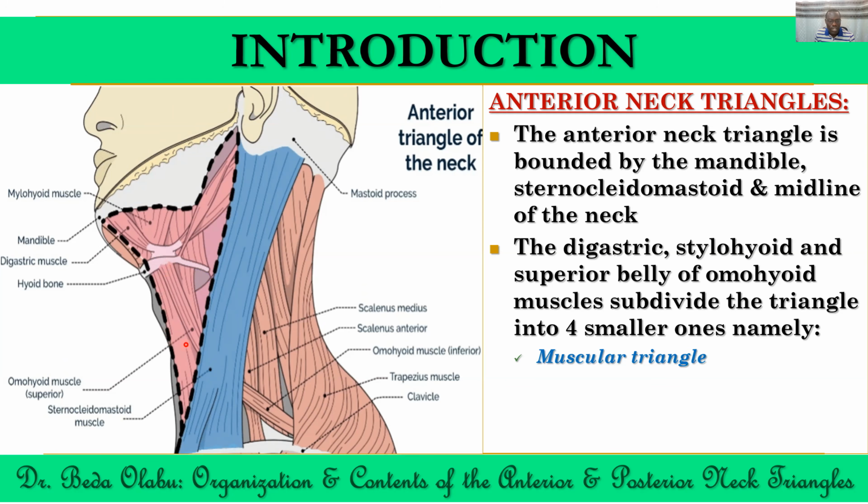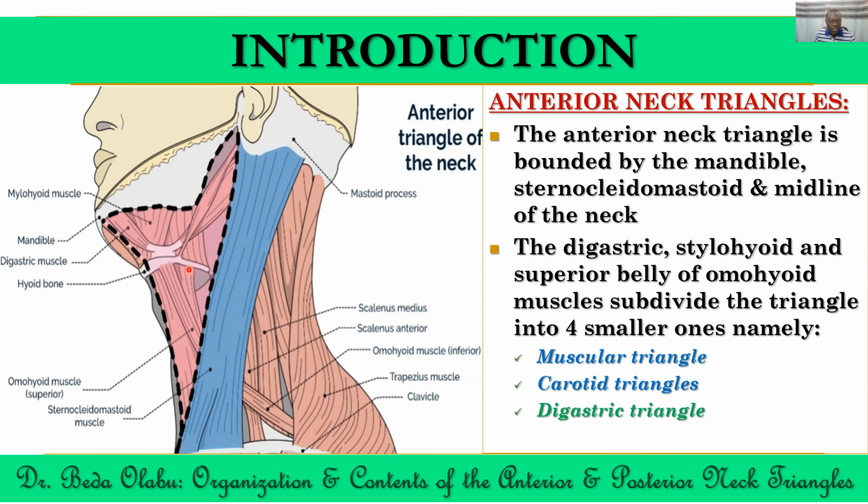For example, this one is the muscular triangle, and this one is the carotid triangle. So those two, we covered when we looked at the infrahyoid anterior neck triangles. As we can see, they're below the hyoid bone.